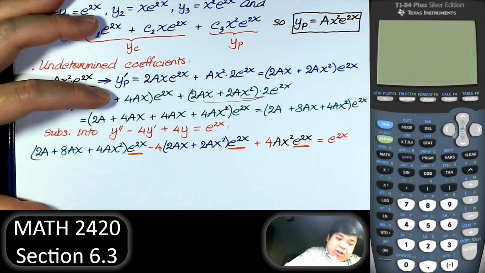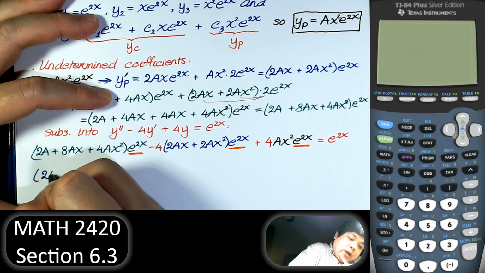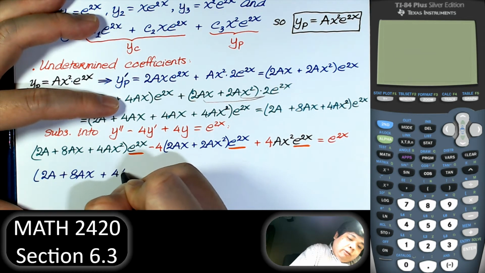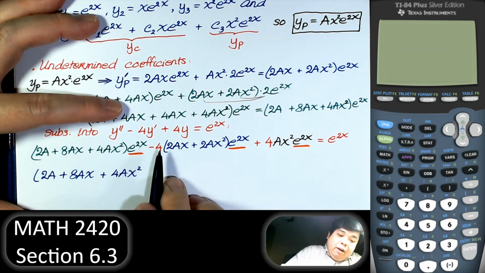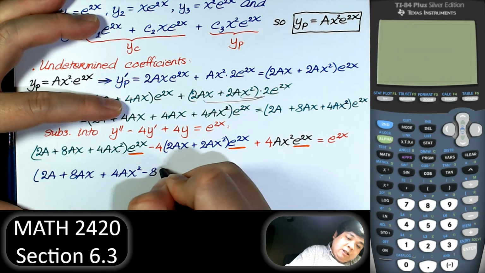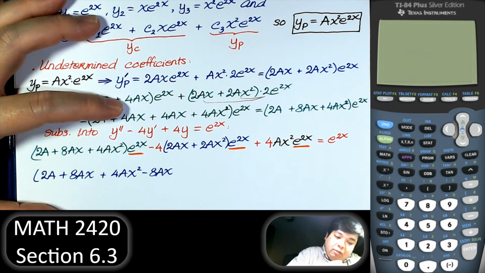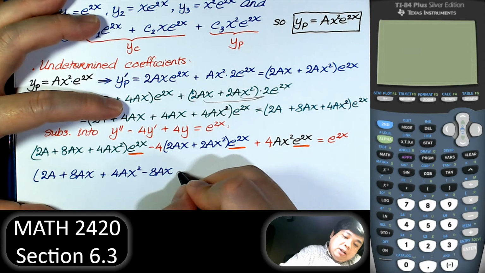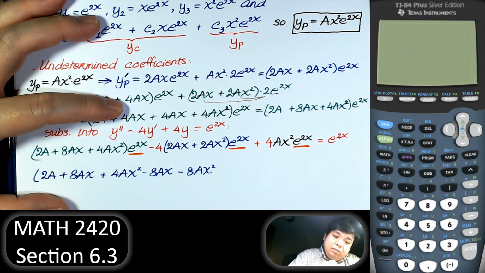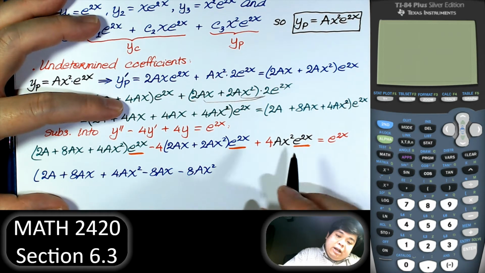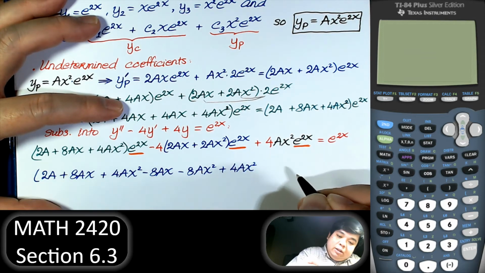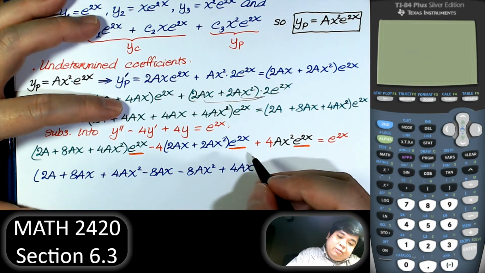Now we use everything in blue: 2a plus 8ax plus 4ax squared, minus 4, don't forget there's a 4 here, minus 4 times that, so we have minus 8ax minus 8ax squared, and then plus 4ax squared for that one.